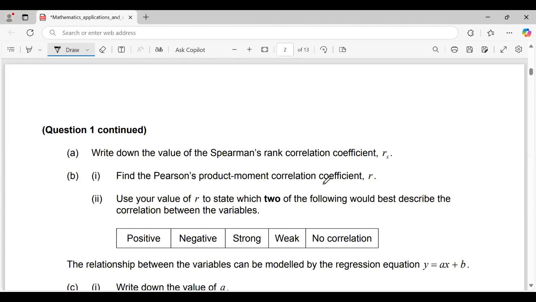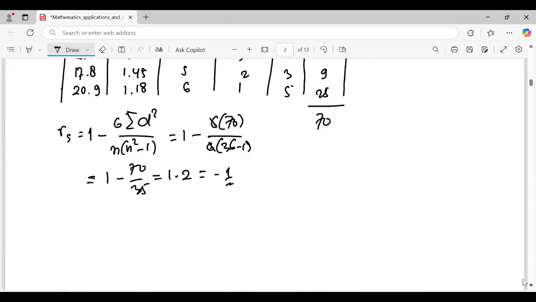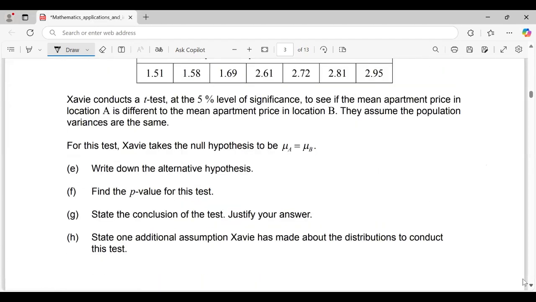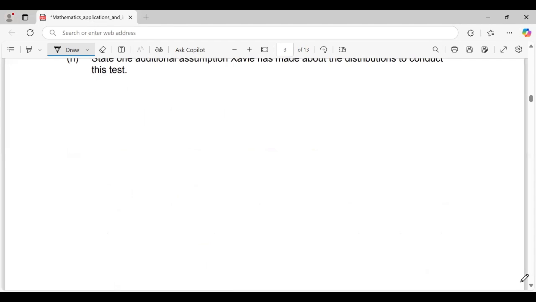Next, part B. Find the Pearson product moment correlation coefficient r. I'm going to create a table as well.